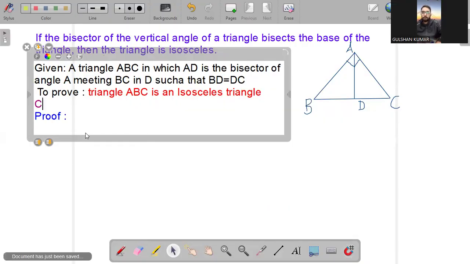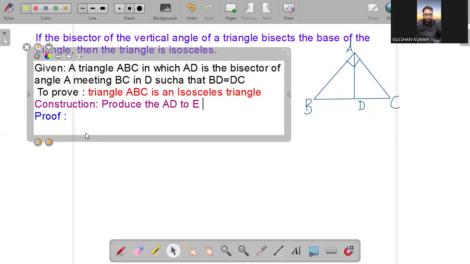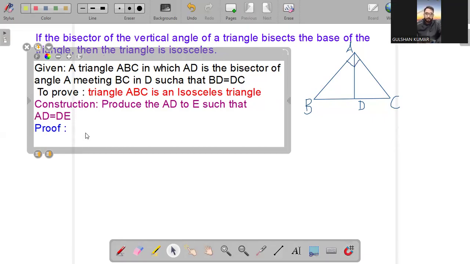Construction: produce AD to a certain point E such that AD equals DE.